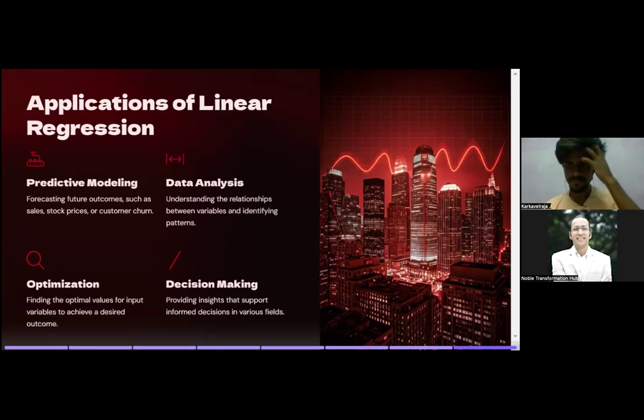Yeah. So, guys, application of linear regression. Linear means line, regression means regressing till the time you reach the optimal objective function of that particular model.